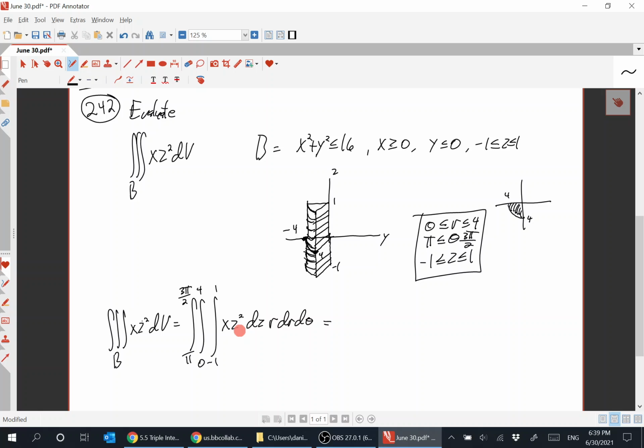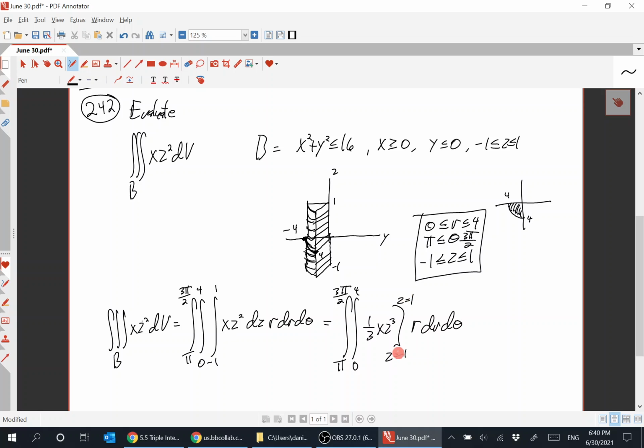Okay, so first with respect to z, so antiderivative with respect to z is 1/3 z to the third times x. So we got pi to 3 pi over 2, 0 to 4, and then 1/3 x z to the third from z equals -1 to z equals 1, r dr d theta.